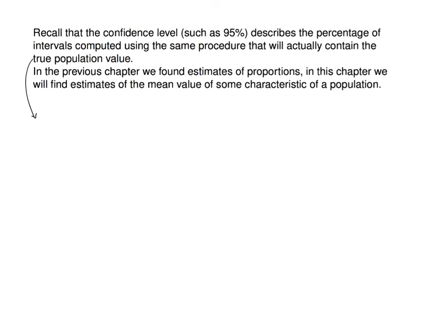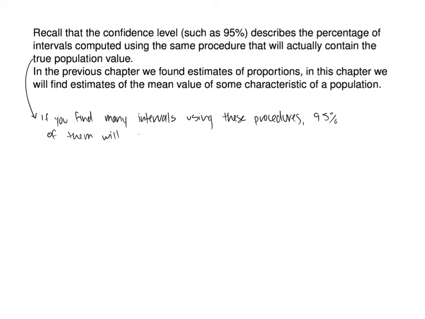So the idea there is that if you find many intervals using these procedures, and of course new data, 95% of them will contain the true value. That could be the true proportion or the true mean, anyhow, it just contains the true value.